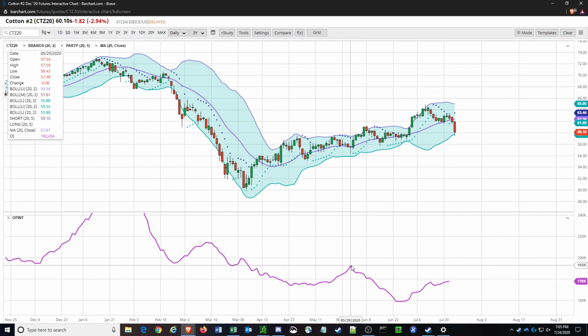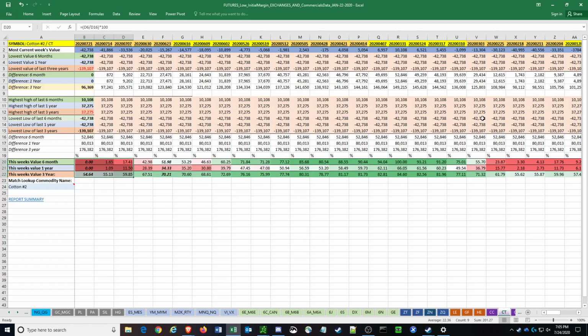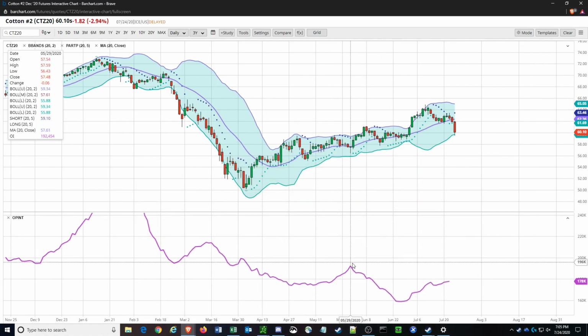Here we didn't know where comms were on the 29th. Let's look at the 29th of May. Yeah, right in this area, they were pretty bullish. They were pretty bullish on cotton back in here. So this goes out saying shorts are covering. Shorts are covering. Their expectation is a move up.